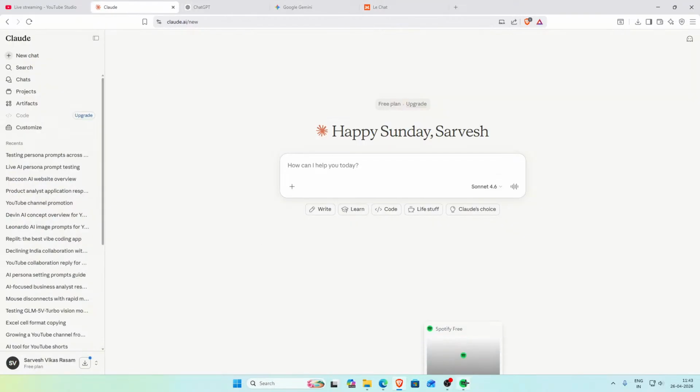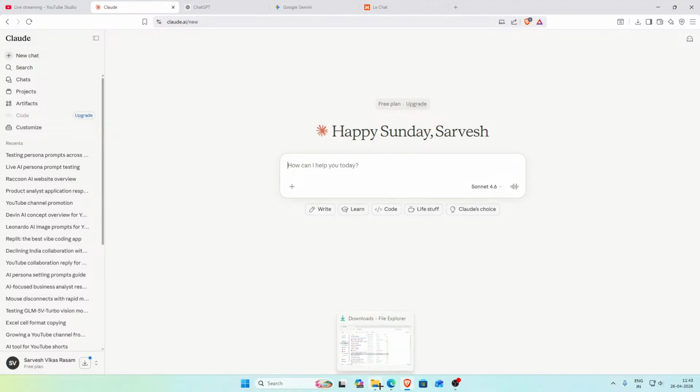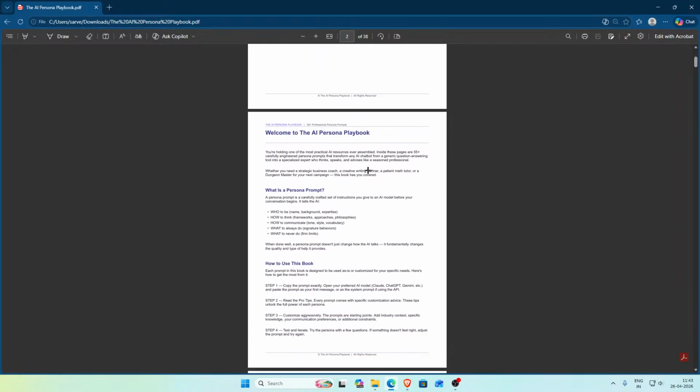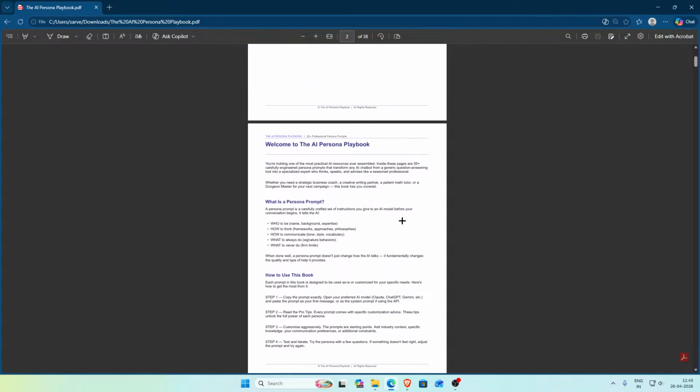Okay, so let's open up the book again, and I'll first give you the introduction of what AI personas are. An AI persona is a carefully crafted set of instructions you give to an AI model before the conversation begins. You give it a set of rules which it will follow, and that's why it's called a persona prompt.